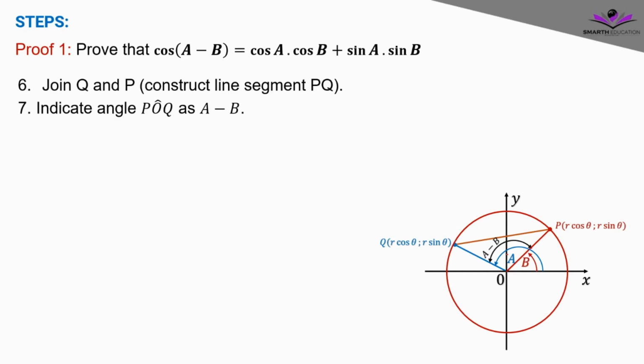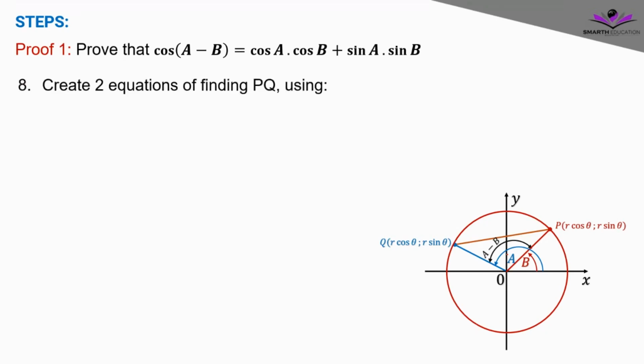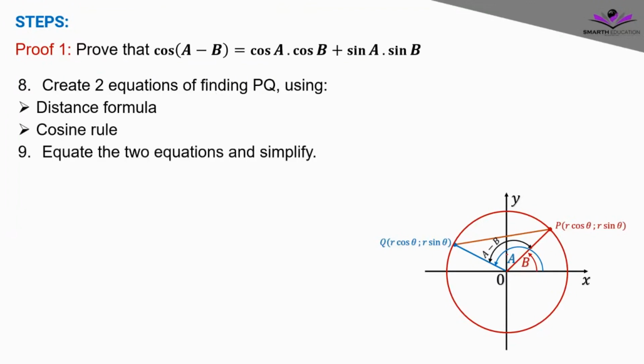We have to find PQ squared using the distance formula, and find PQ squared using the cosine rule, and then we equate them. Create two equations of finding PQ using the distance formula, and then using the cosine rule, and then after that equate the two equations and simplify. Right, that's what we have to do.